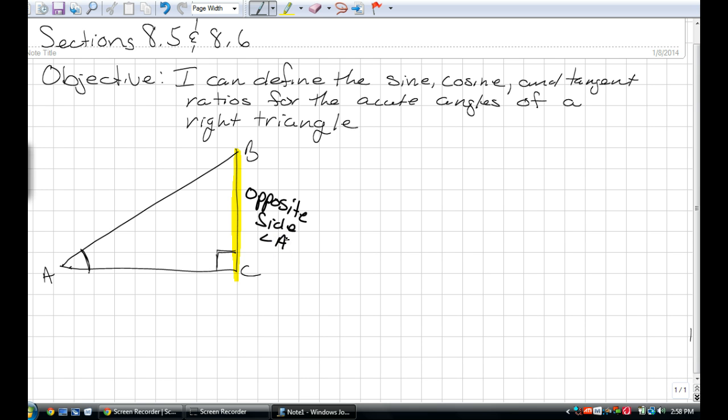And we refer to side AC, or leg AC, as the adjacent side of angle A. And of course, AB is what we call the hypotenuse.